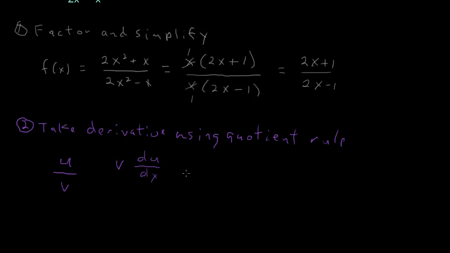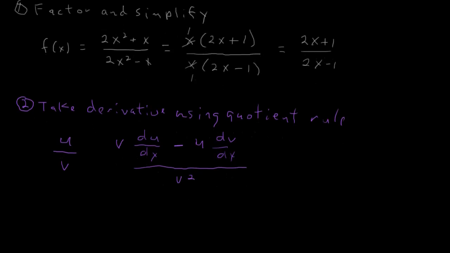So low d high minus high, numerator, that's u, d low, that's the derivative of the denominator, so that's dv dx. And then square the bottom, that just means take the denominator and square it, be v squared, and away we go.